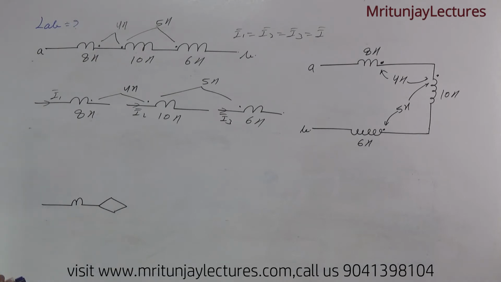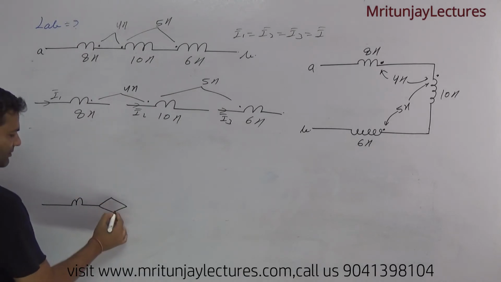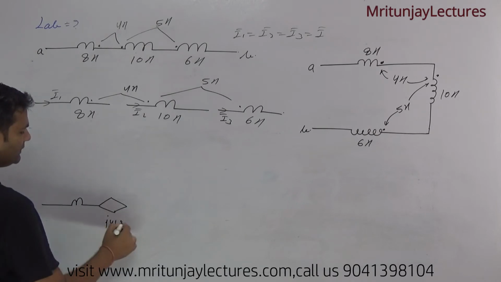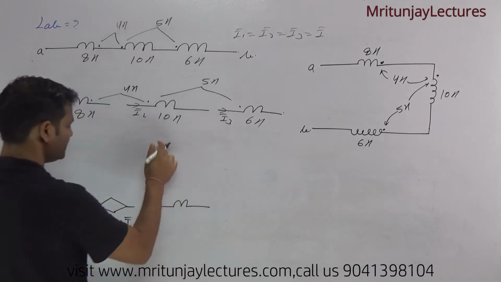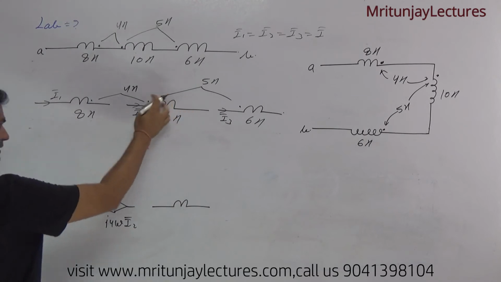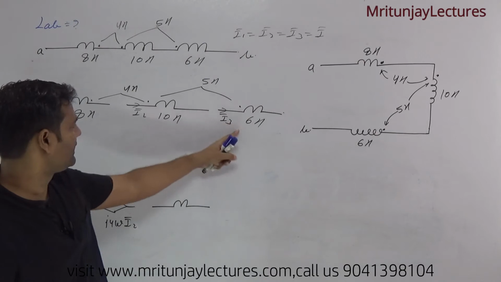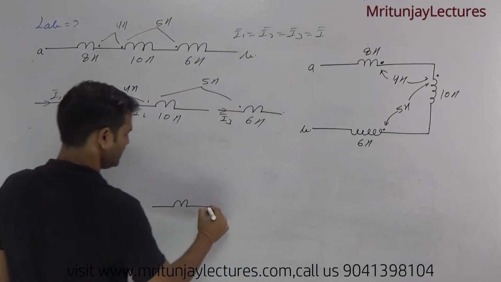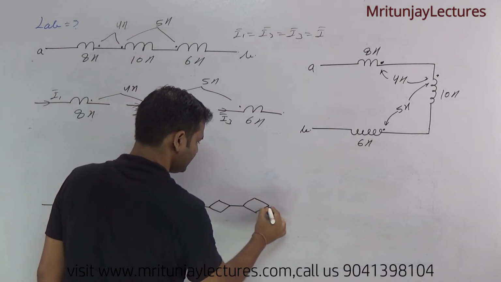Now, I know that I2 has an effect on I1, that's why there is a box here, that is j4 omega into I2. Now, another circuit, this one in L2, corresponding to the I2 current: I1 and I3 affect I2 because of mutual inductance. That's why two boxes are made here.